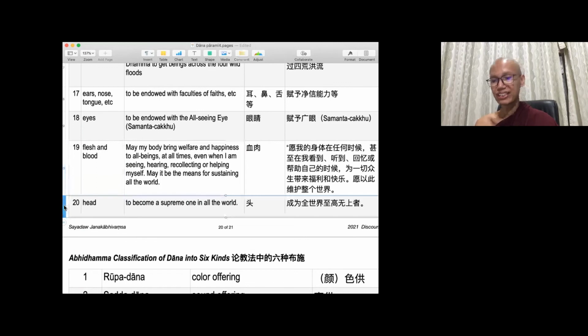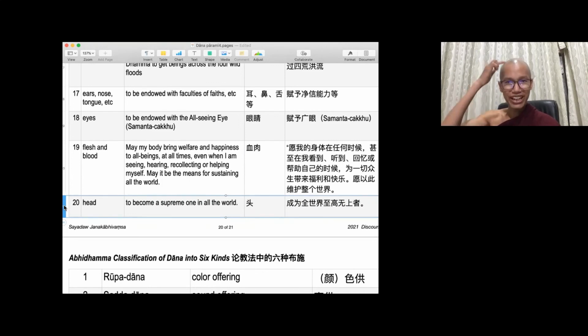Okay, next one, head donation. So donating head if someone needs it. Head is among the body parts. According to Pali usage, this is Uttamanga. Uttamanga means superior body limb. Uttama is superior, anga is body limb.